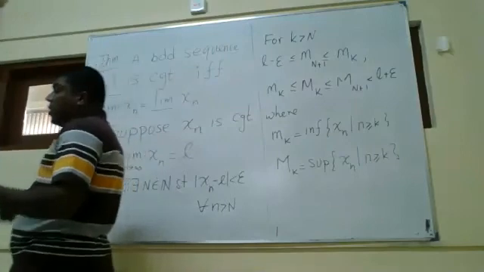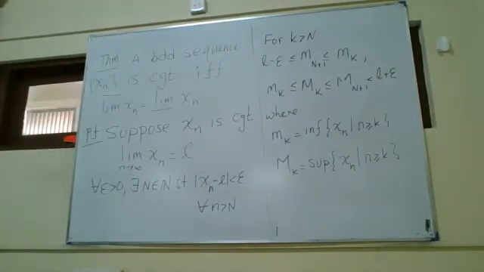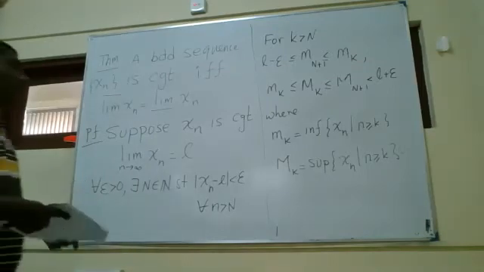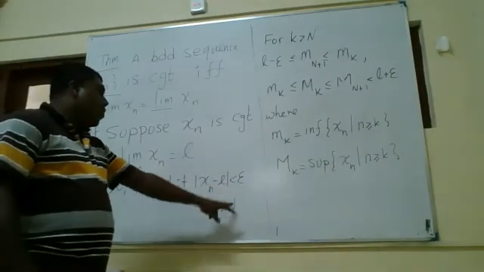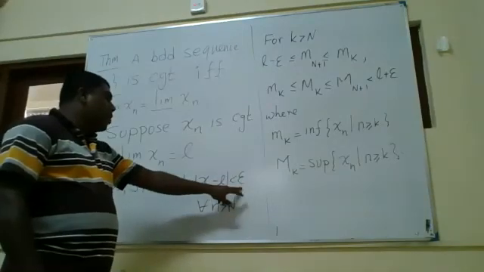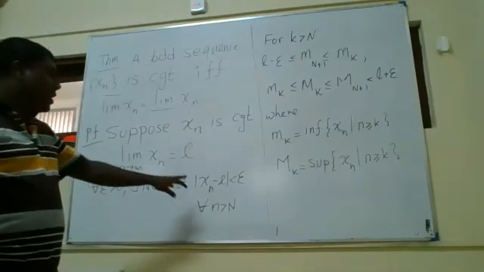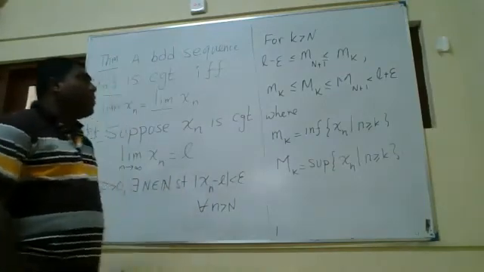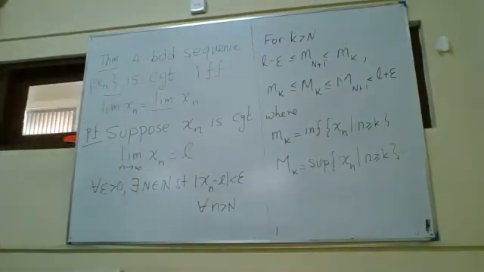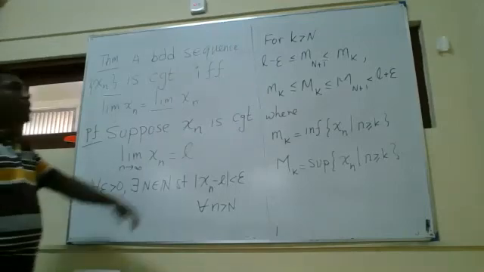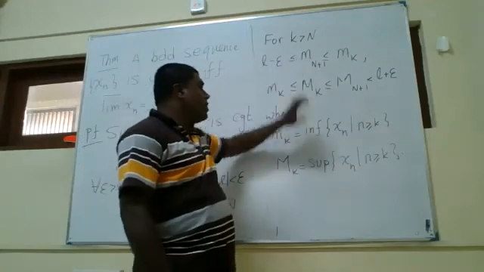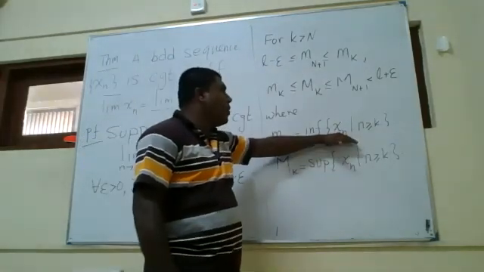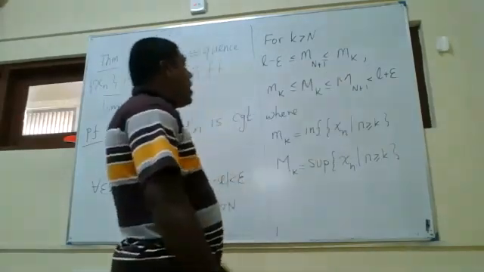Okay, so these are the notations we already used. I am just reminding them. Because Xn lies in between L minus epsilon and L plus epsilon for all n greater than N. Then for any k greater than that capital N, L minus epsilon will be less than or equal to the infimum of that set, which is mk.